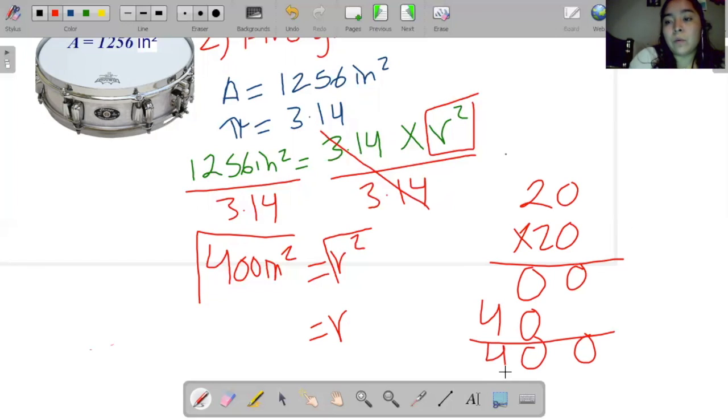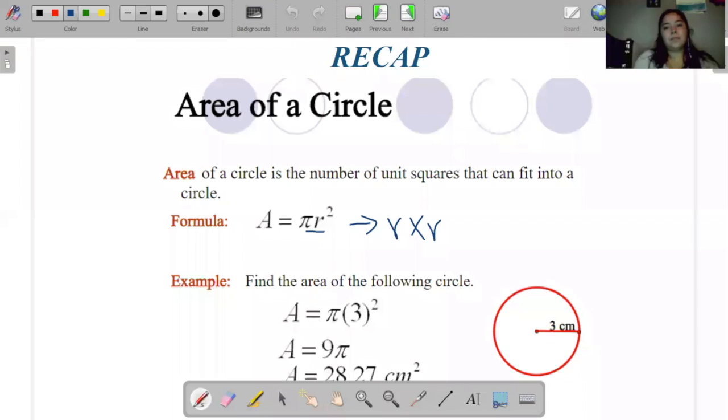So when we multiply 20 by itself, we get 400. So our radius is 20 inches.